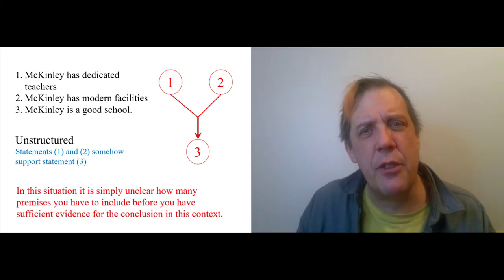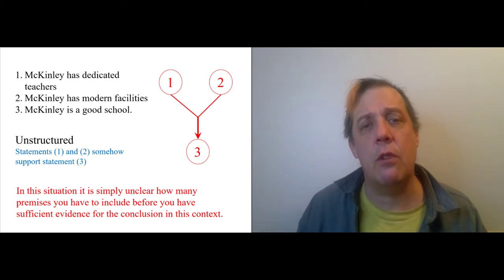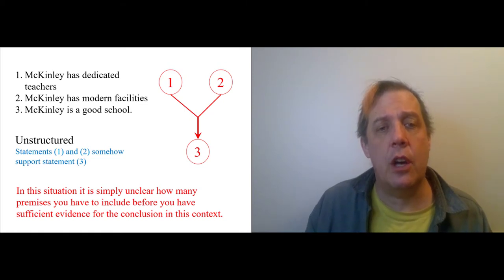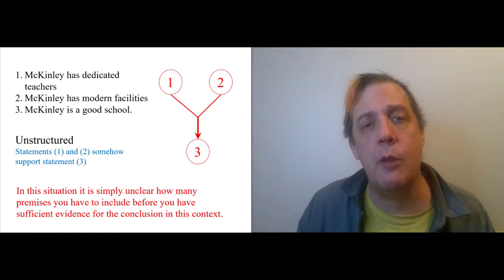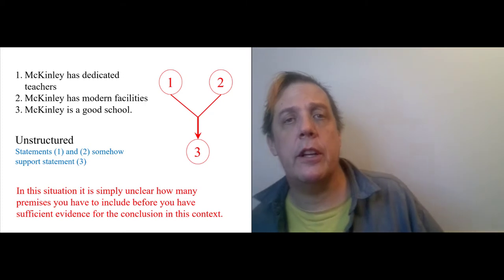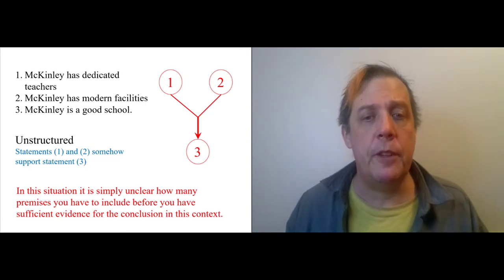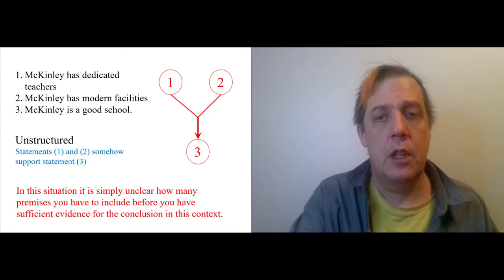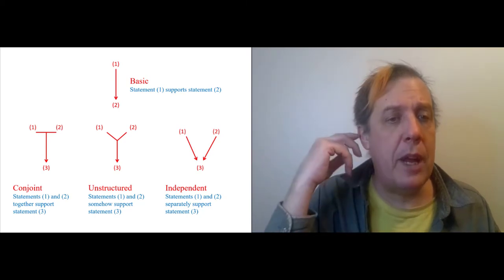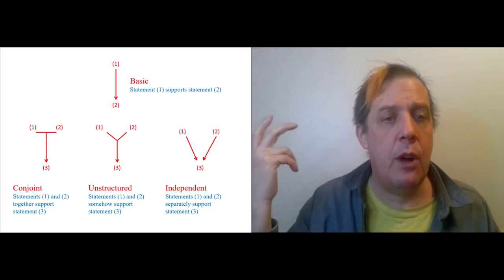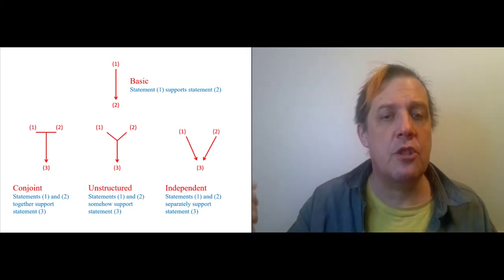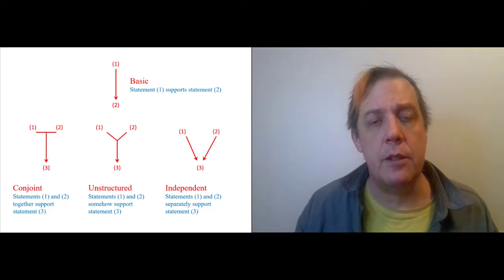But he probably hasn't thought it through at all. He's just piling on reasons, right? So we call this unstructured because it's not clear how many of the premises are necessary to meet the standard of proof in this context. So again, you have the basic diagrams, then you have conjoint, unstructured, and independent premises.